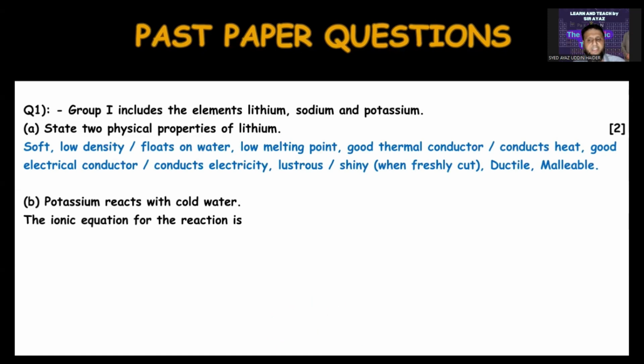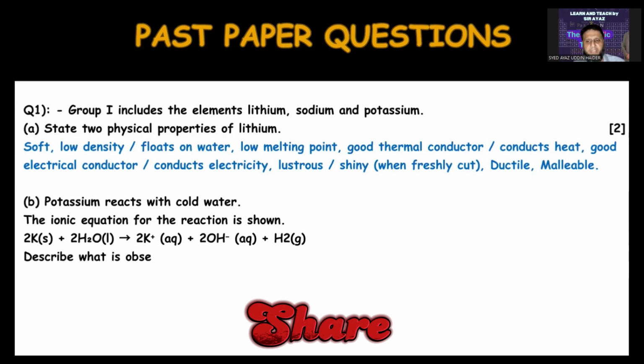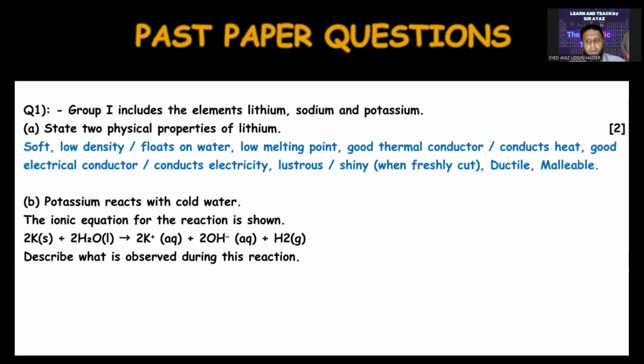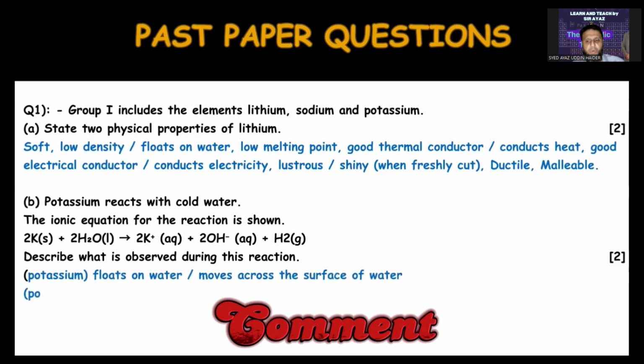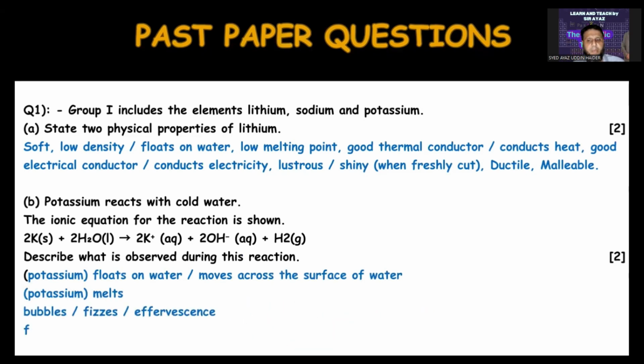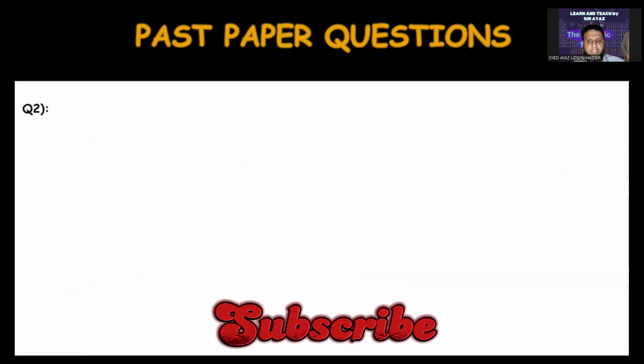So you can write any three of these observations, and these include the potassium metal floats on water, or moves across the surface of water. Potassium melts. You can write bubbles, fizzes, effervescence. It forms a colorless solution. And the last one, which is the typical color of potassium, that is lilac flame.